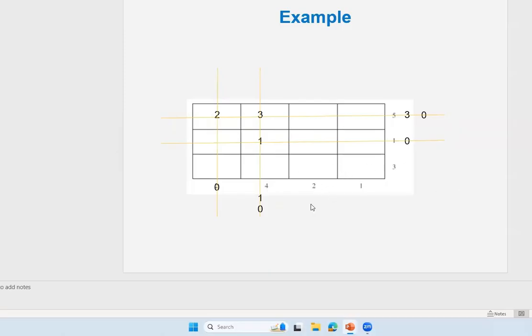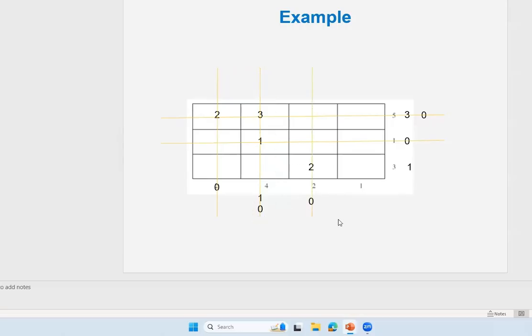Minimum of 2 and 3 is 2. Move it here. Deduct 2 from 2, you get 0. Deduct 2 from 3, you get 1. Which row or cell is 0? This one.